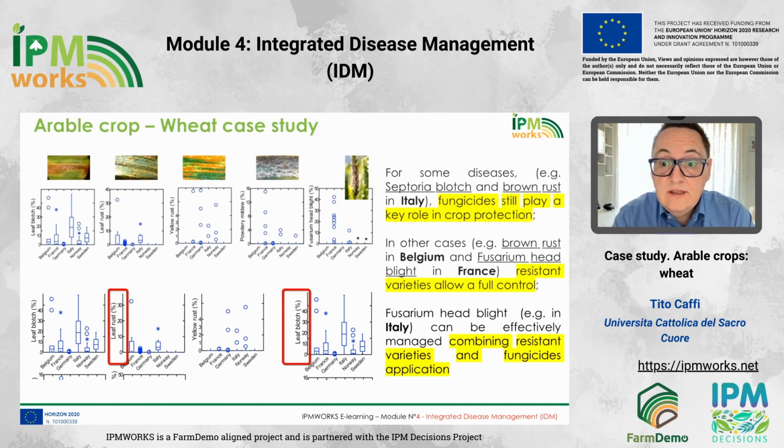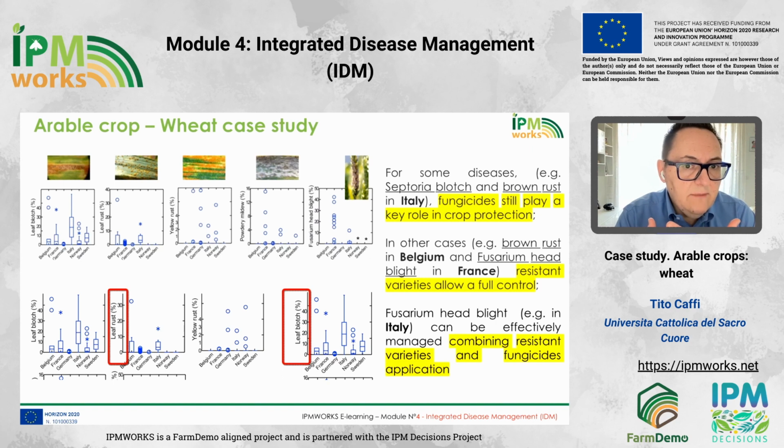Of course, the different conditions are playing a very important role for the different pressure of different pathogens across Europe. So in some cases we have different types of epidemics that we have to manage, and we have different tools for doing this.